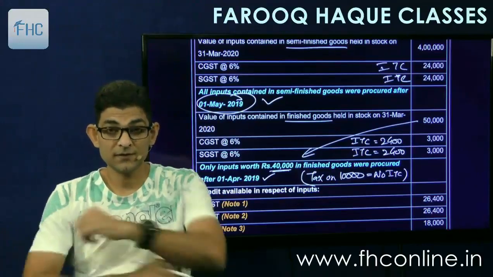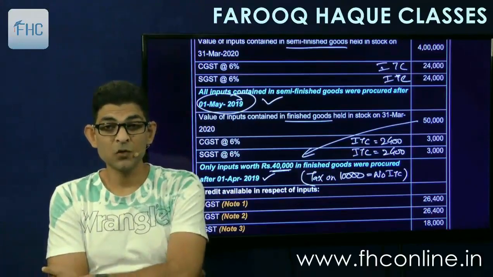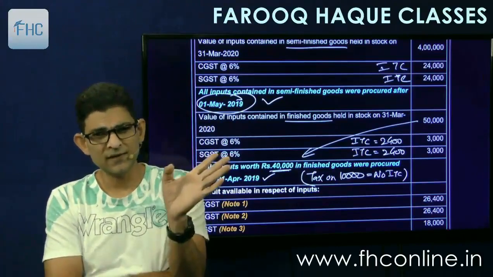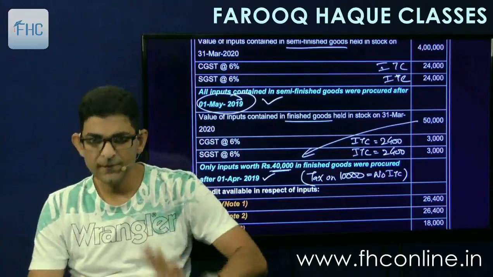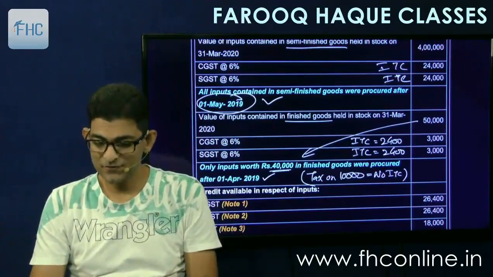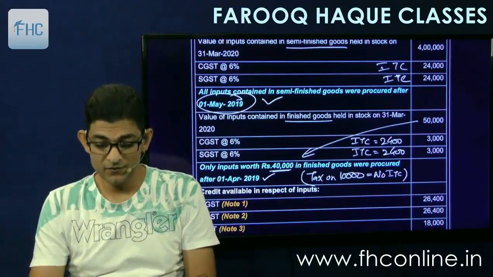Understood? Got this point? So all these things you have to calculate in the working notes and they are given there in the example. I am explaining the concepts. Okay, so got this concept? Very good.